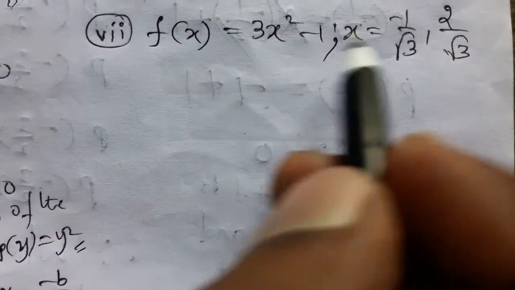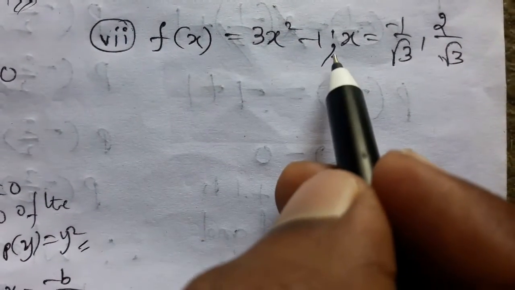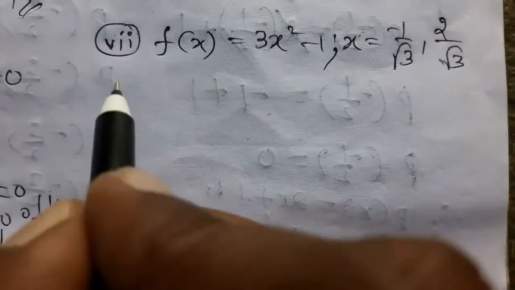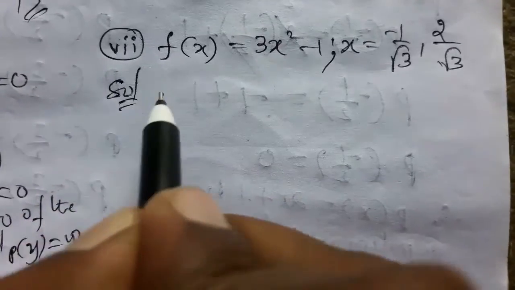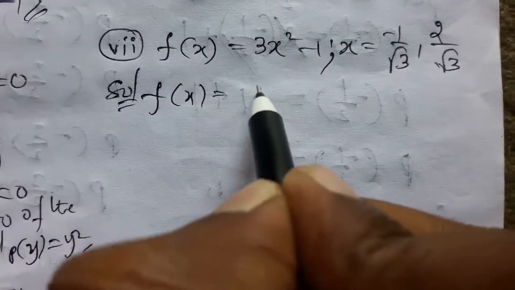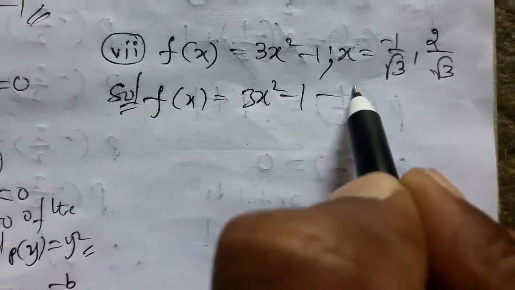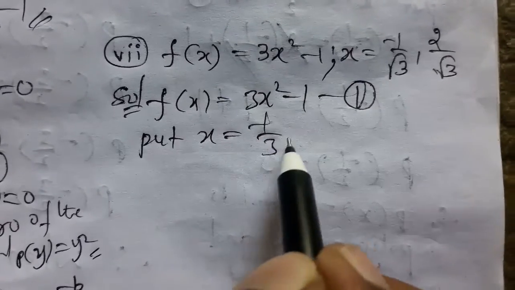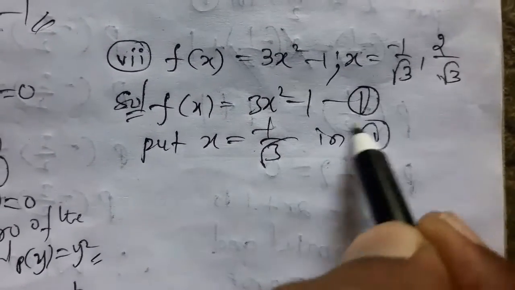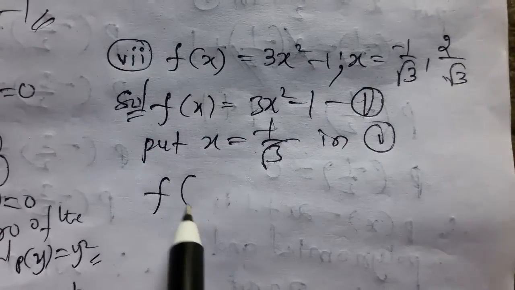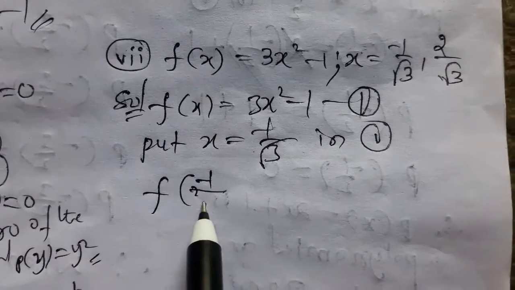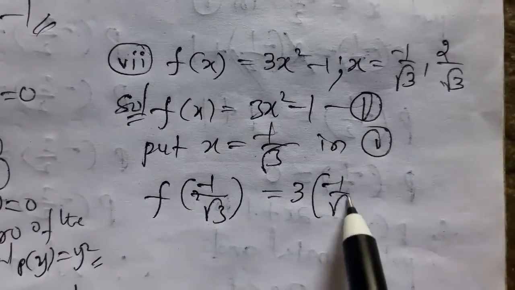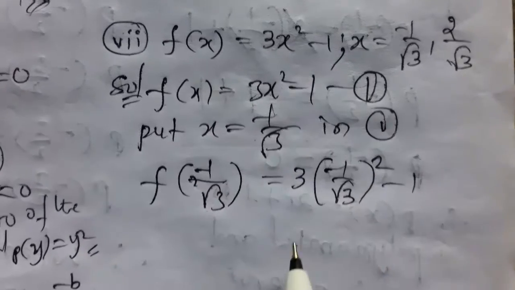See, f of x equals 3x square minus 1, x equals minus 1 by root 3, x equals 2 by root 3. Two values are given. Solution. F of x equals 3x square minus 1. Take this as equation 1. Put x equals minus 1 by root 3 in equation 1. Now f of minus 1 by root 3 equals 3 times minus 1 by root 3 whole square minus 1.